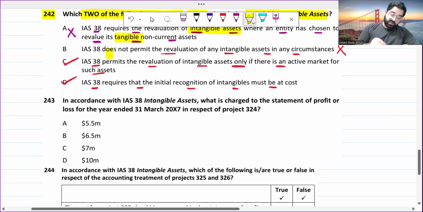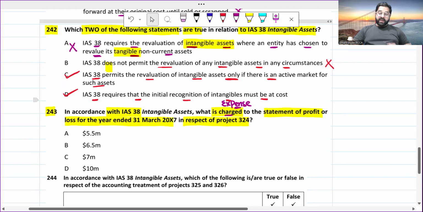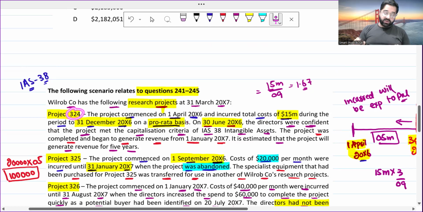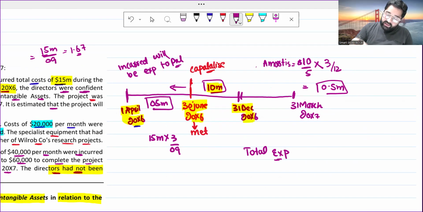Next, question 243. In accordance with IAS 38 Intangible Assets, what is charged to the statement of profit or loss for the year ended 31st March 2007 in respect of project 324? The word charge means expense, right? So we have to find the total expense in respect of project 324. There are only two expenses.